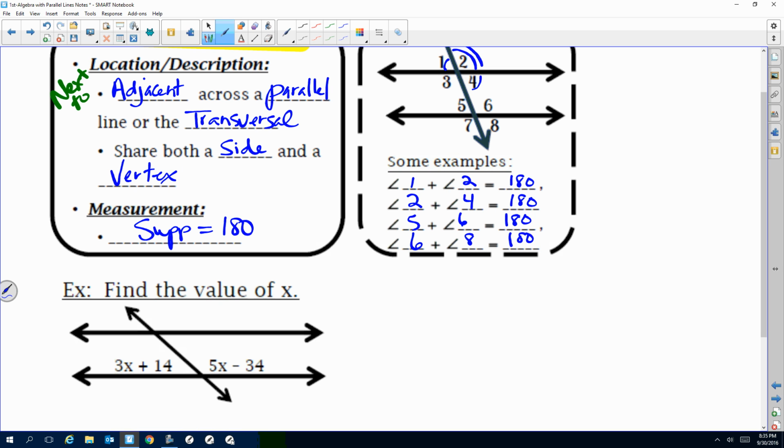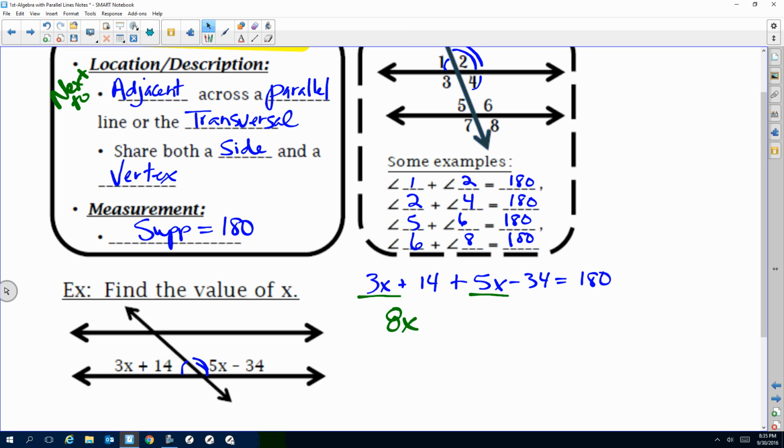And so here we have an example. Here we have our acute angle and our obtuse angle. So our equation here should be 3x plus 14 plus 5x minus 34 equals 180. Now, when we're adding, we're going to have to combine like terms because we have 3x plus 5x. That's going to give me a total of 8x.